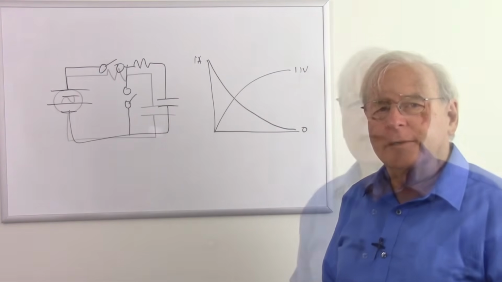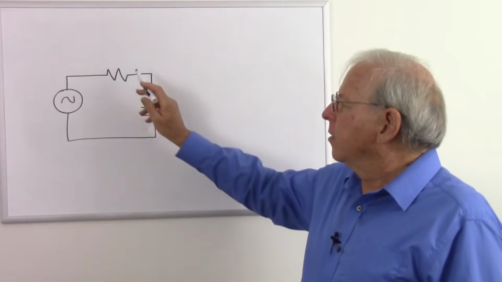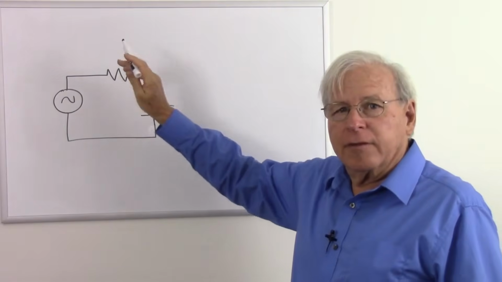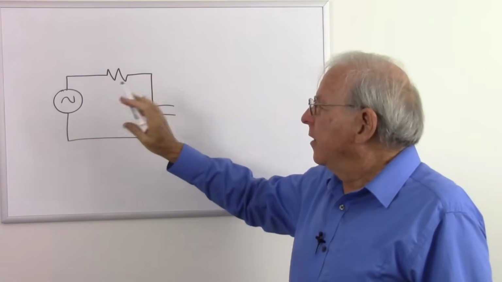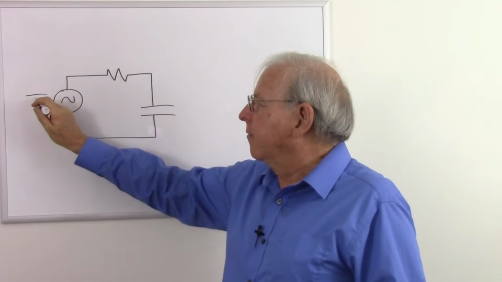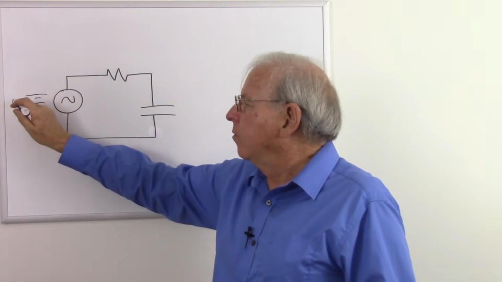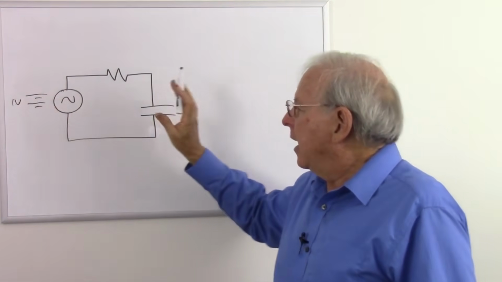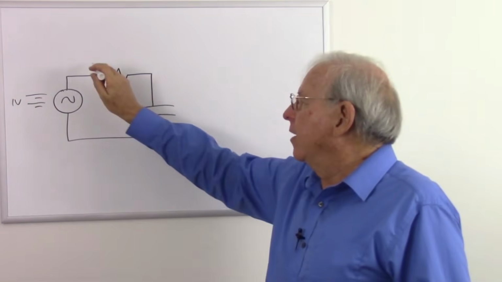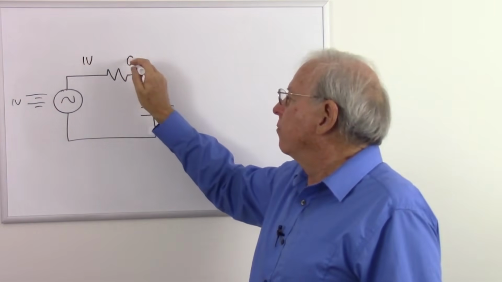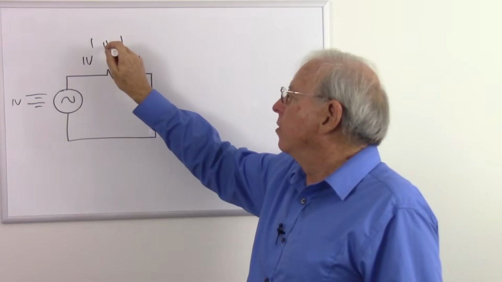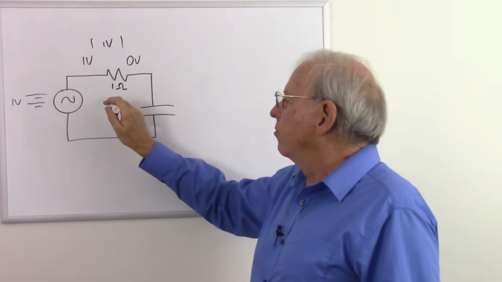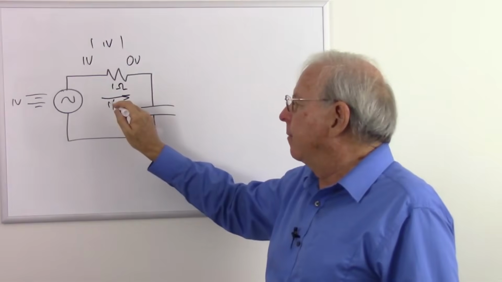Let's take a look. The current in the circuit is determined by the value of this resistor and the voltage difference across it. In the DC circuit, where we had a battery, which was 1 volt in that case, when we started charging the capacitor, we had 1 volt here and 0 volts there for a difference of 1 volt. That was a 1 ohm resistor, so we had 1 amp of current.